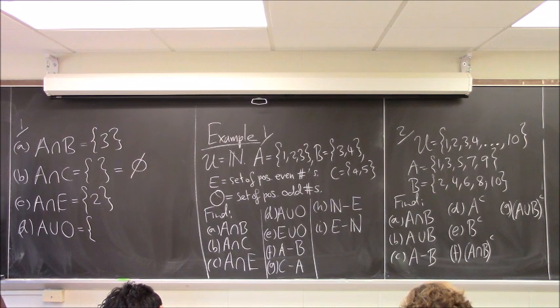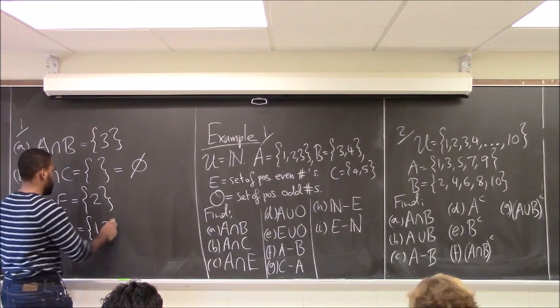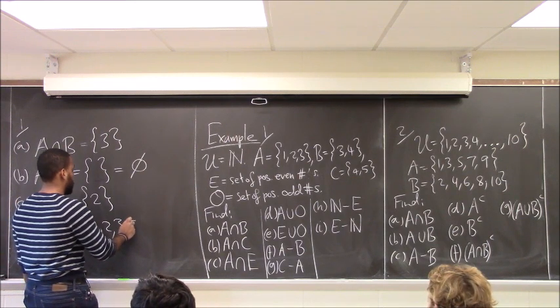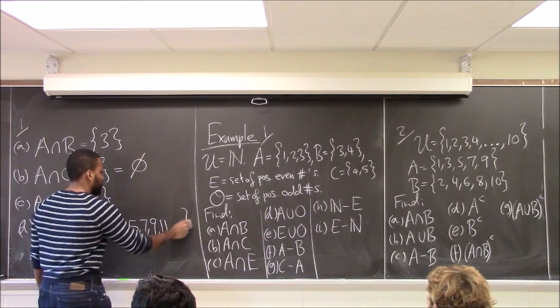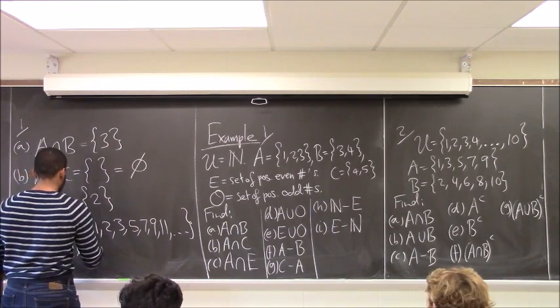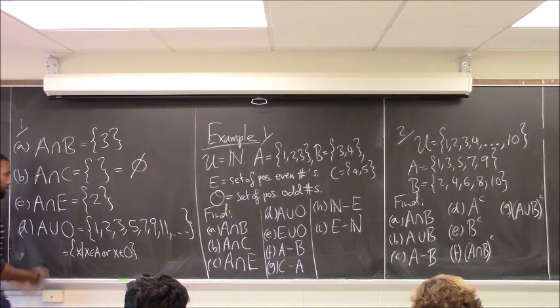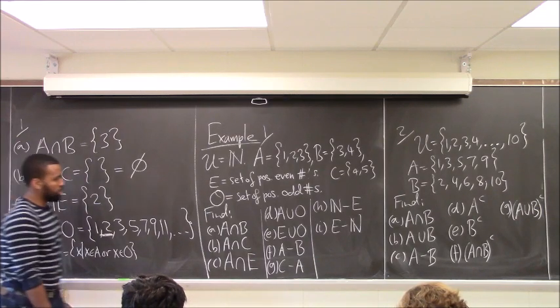Give me a list: 1, 3, 5, 7, 9, and it continues to repeat all odd. You could write it out as X such that X is in A or X is in O, but I want you to visually know who's actually contained here. So it's like the set of odd numbers, but you throw in an extra guy, the 2.